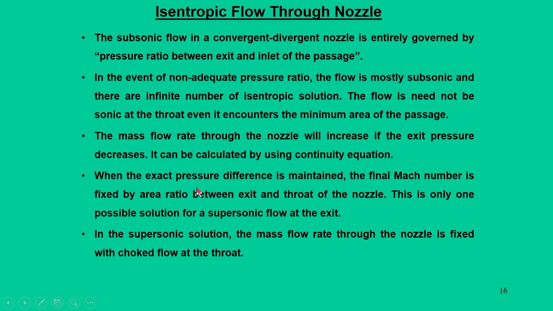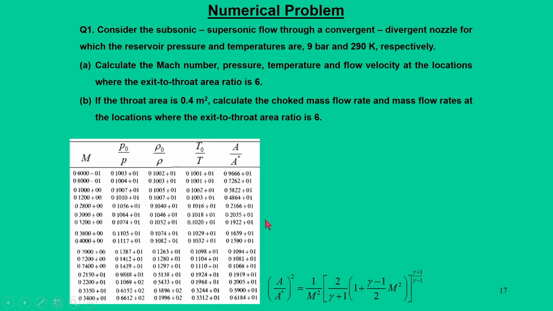When the exit pressure ratio is maintained, the final Mach number is fixed by the area ratio between the exit and the throat of the nozzle. So, this is the only possible solution for a supersonic flow at the exit. In the supersonic solution, the mass flow rate through the nozzle is also fixed by the choked flow condition at the throat.